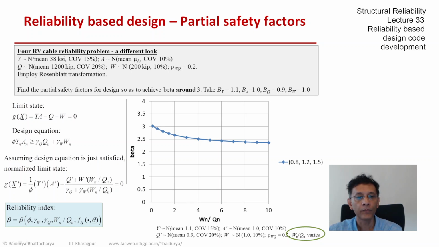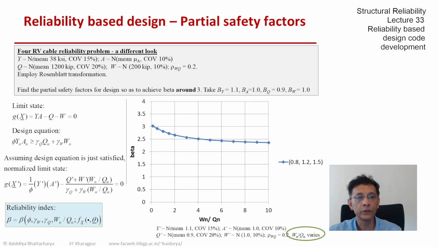So now with our phi of 0.8 and a gamma w of 1.2 and gamma q of 1.5, earlier when it was exact, when Wn over Qn was 0.15, now beta doesn't stay at 3 anymore.